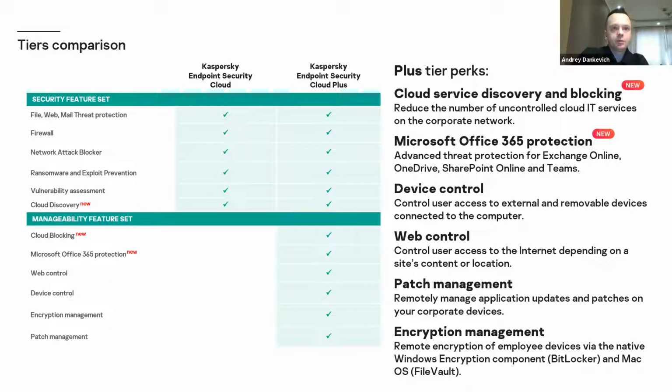So using Kaspersky Endpoint Security Cloud Plus and built-in protection for Microsoft Office 365, you will enjoy anti-phishing, anti-malware, and business email compromise protection capabilities for all the major applications inside Microsoft Office 365.